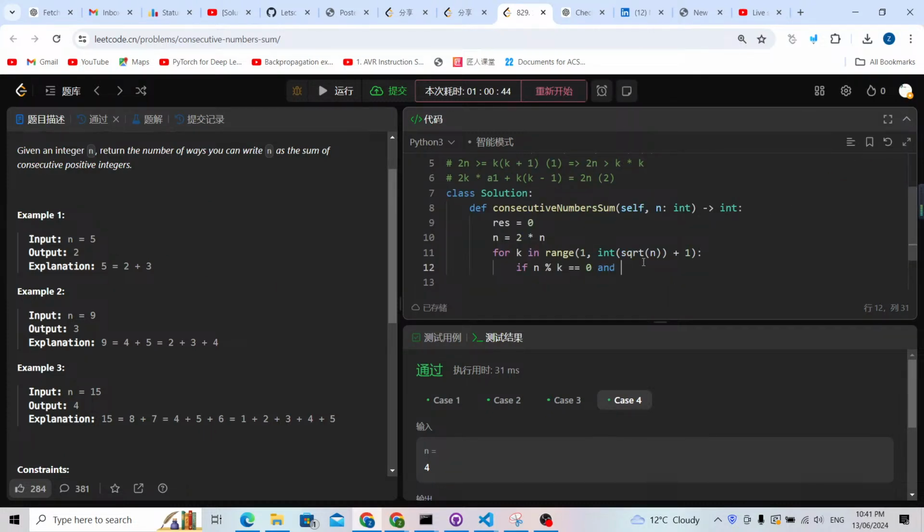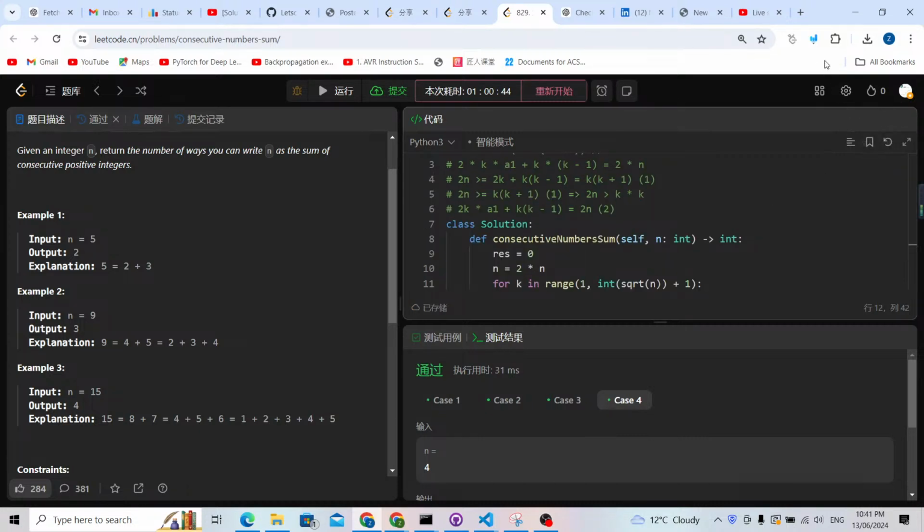Now we're going to check if this n divided by k should less than, if this n divided by, let me just check that.